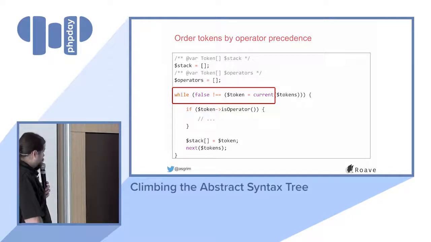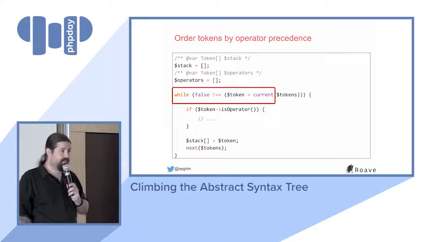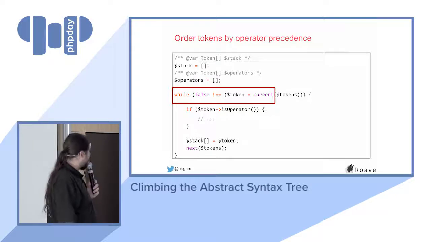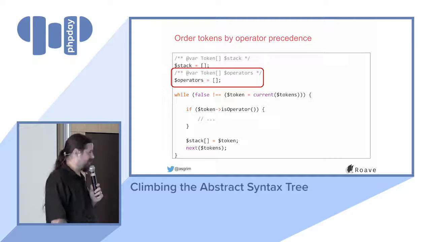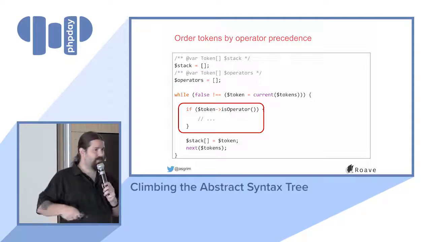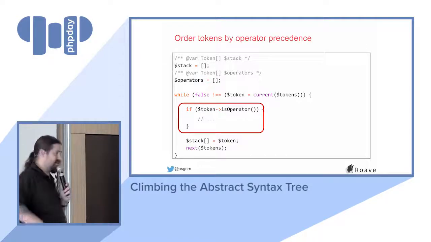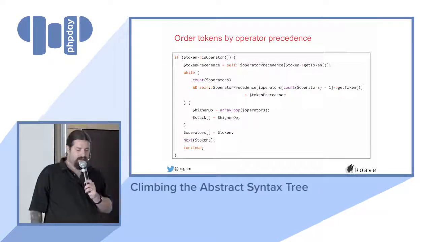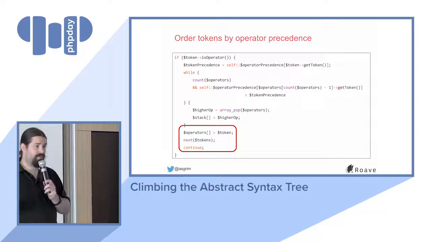So, we're going to loop over the tokens here. Basically, until we run out of tokens, we're going to loop over them. We've got two stacks: a token stack and an operator stack. As we step through all of these tokens, if we find an operator, we're going to do something special. I've cut that bit of code out and put it here because it's quite large. There's a lot going on here. Basically, each operator token is pushed onto the operator stack.